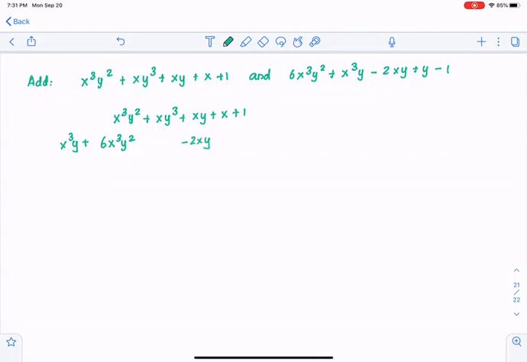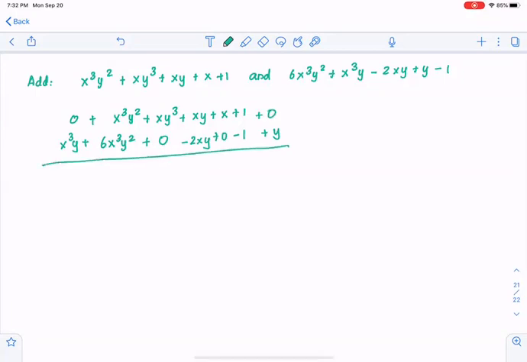The next term is y. I'm going to throw it on the side there because the first polynomial did not have a y in it. Then we have a number, -1, so I can put that over there. Now I could fill in the gaps with 0. So 0 plus 0 there, 0 there, and 0 there.